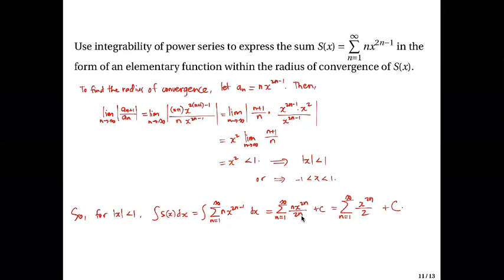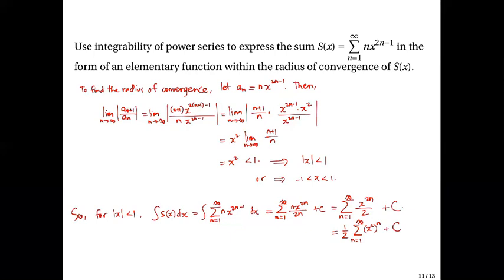Now we have the integral of s of x dx, and it's given by this power series. But what is this power series? Take note that this power series can be written as 1/2 times the sum of x squared, quantity to the n, from 1 to plus infinity, plus c.